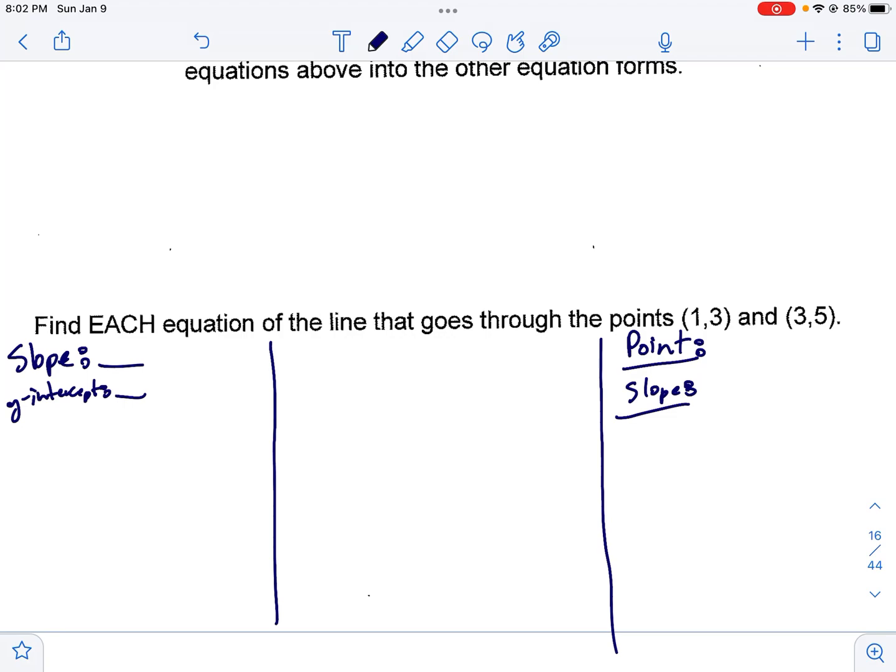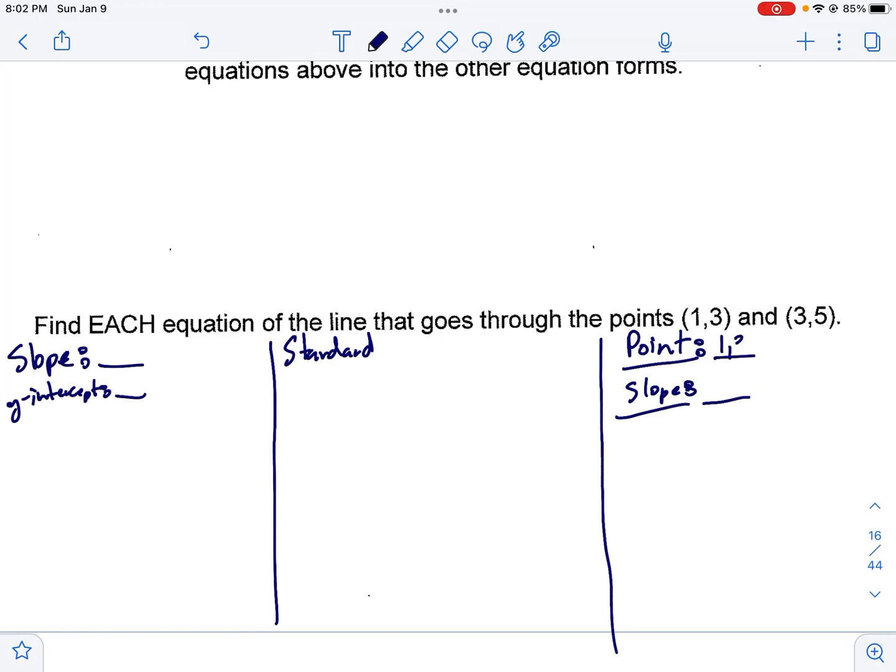So at the beginning, we'll have to find either slope-intercept or point-slope form, and that will allow us to get to standard form. I'll give you a hint right away that that will be the last form that we find usually.